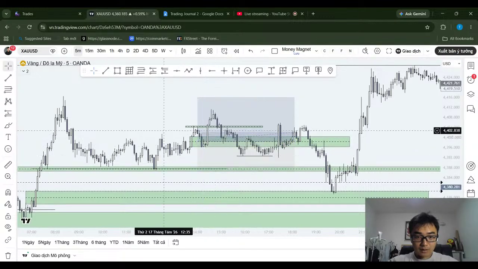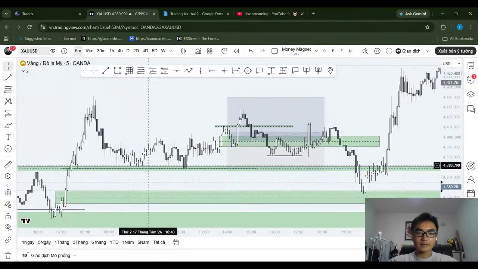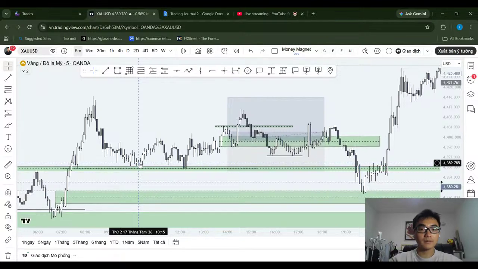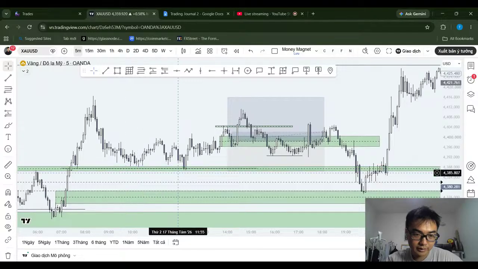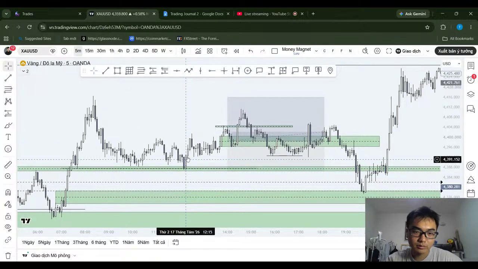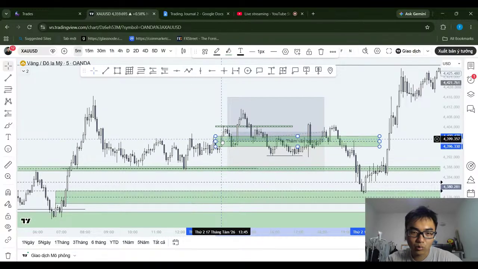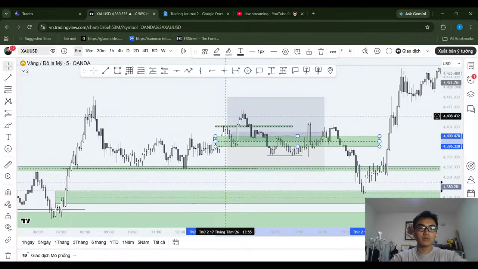From here to here, and why long from here? Because on the Asian session the low of the Asian session was taken by another low, and from here the trade came with a break of structure, and I target the execution model for this level.